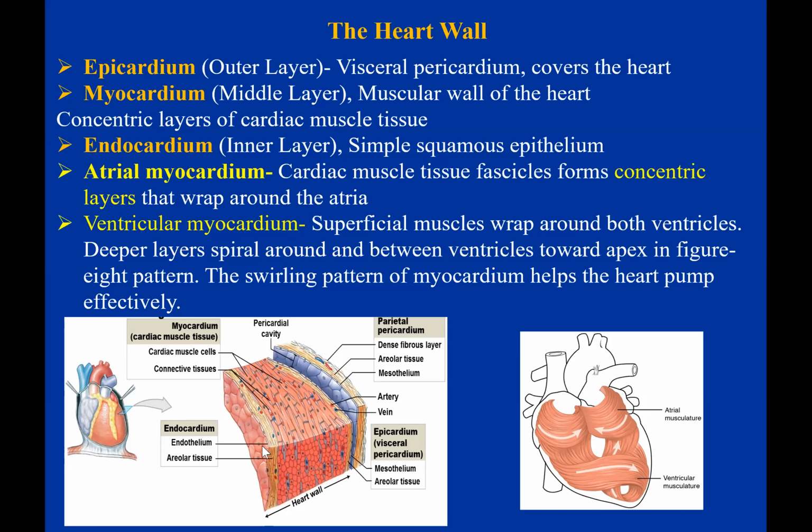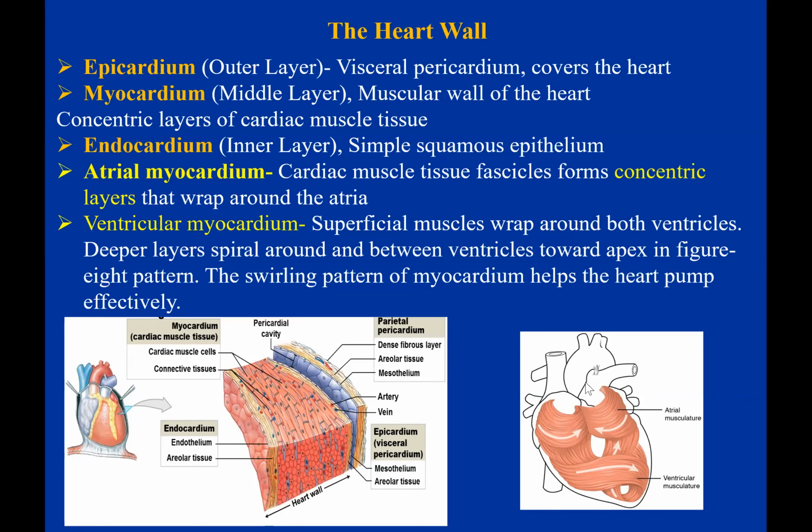And then we have the endocardium, which is the innermost lining of the heart, sitting on areolar connective tissue. So these are the different layers of the heart: the pericardium, epicardium, myocardium, and endocardium. Together, they make the heart very, very protected. It's highly protected, and the muscle is nice and strong.